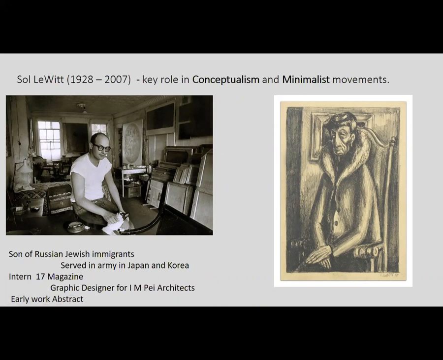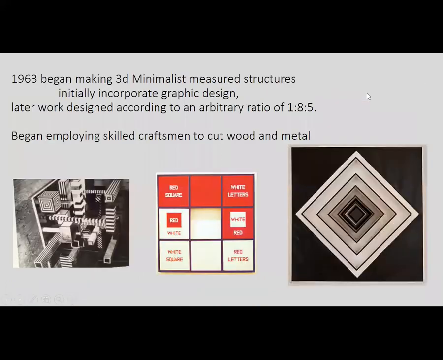His early work is abstract and expressive. But then in 1963, he starts making these more three-dimensional images. They're minimalist, so they use a minimal use of color, a minimal use of shape. They're devoid of emotion.